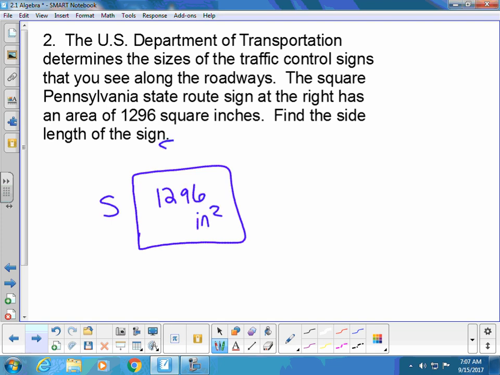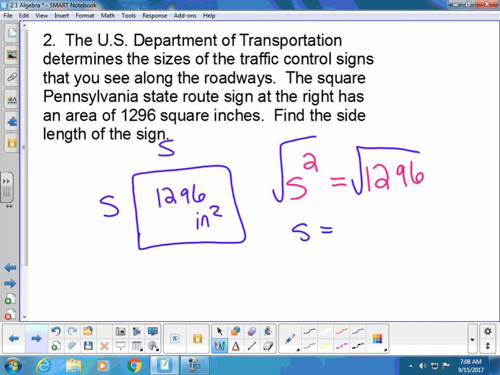Find the side length of the sign. So side times side, or side squared, is 1296. And you want to go ahead and square root both sides. 1296 was a perfect square because I got the solution of 36, which is a whole number. It's an integer as well. 36 inches.